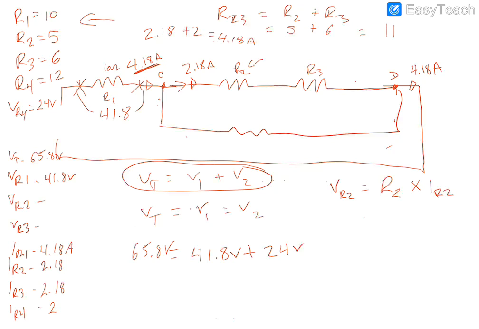Our resistance is 5 ohms, and our current is 2.18 amps. Once you multiply those together, you get 10.9 volts across your R2. So we'll go over here and write 10.9 volts.